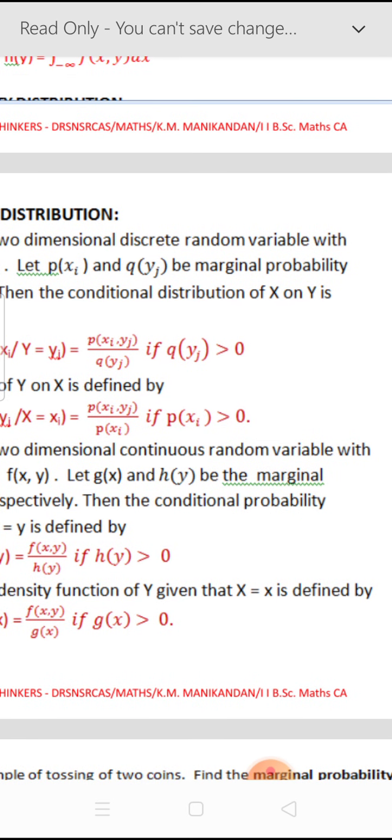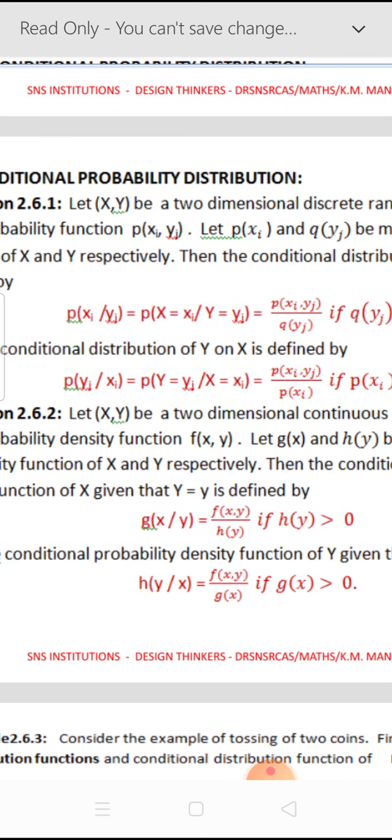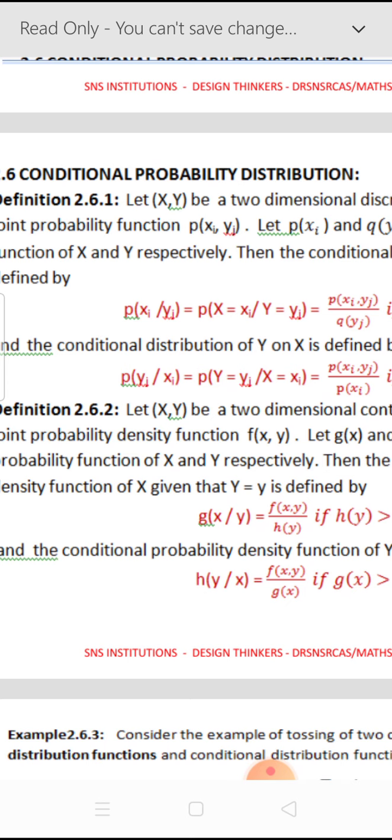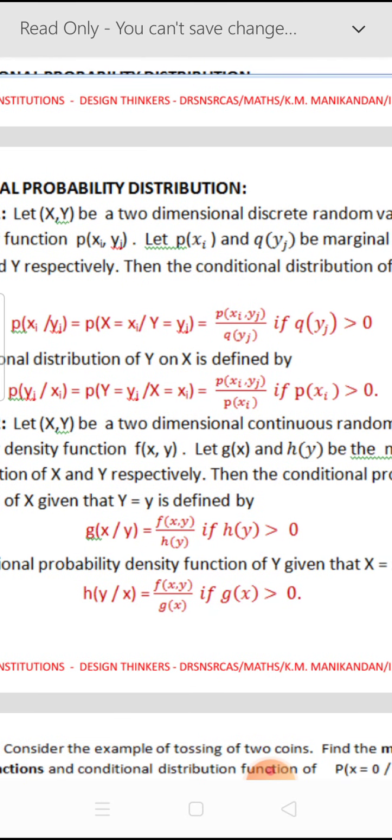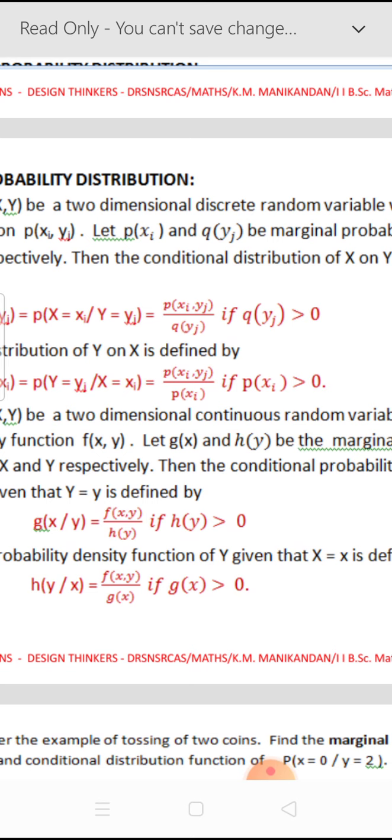Then the conditional distribution of X on Y is defined by P(X = xi | Y = yj) = p(xi, yj) divided by q(yj), where q(yj) must be greater than 0.